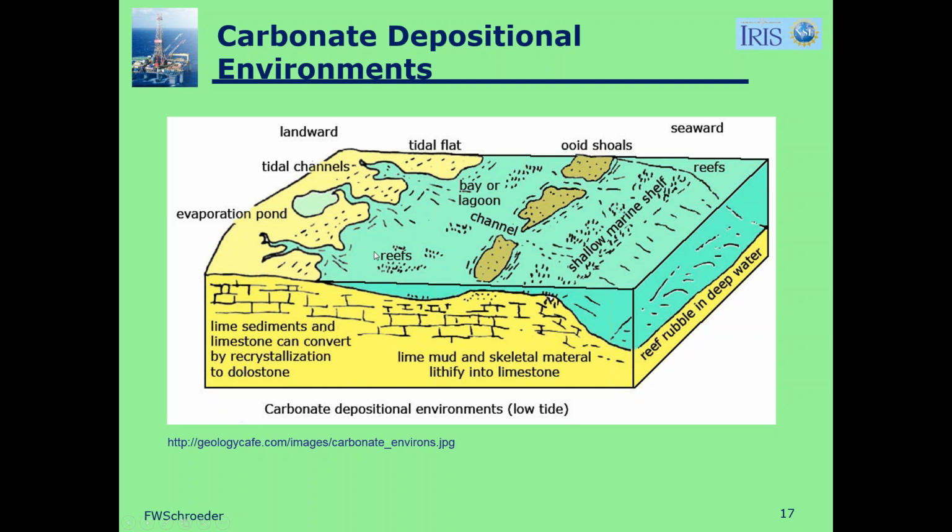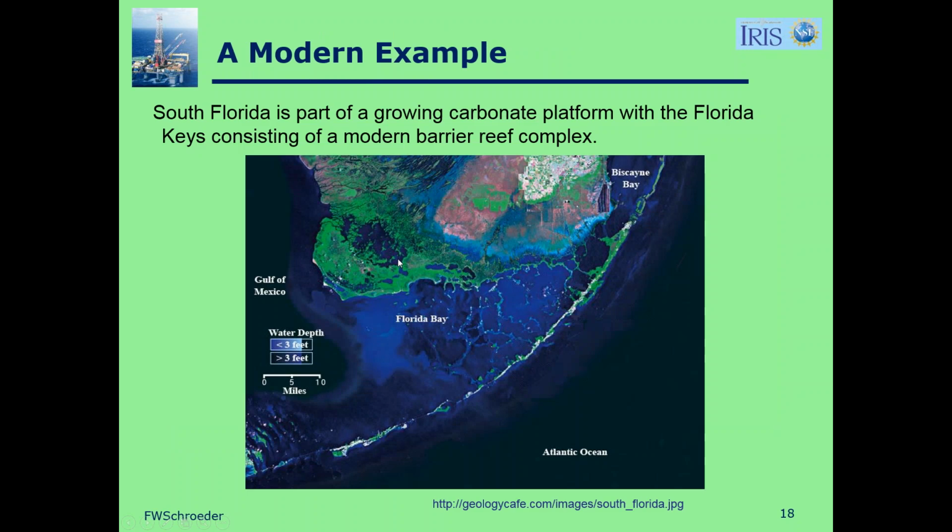We can have tidal channels, tidal flats. So there's a variety of conditions under which we might expect to get carbonates that have either initial or post-depositional high porosity and high permeability that can form a reservoir.